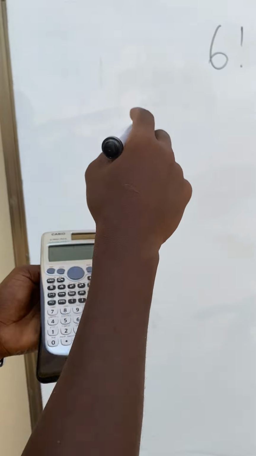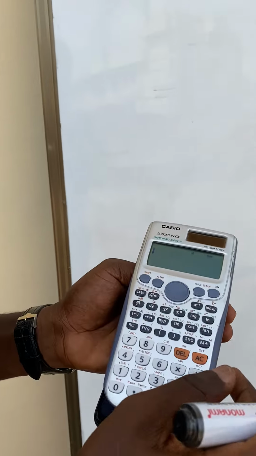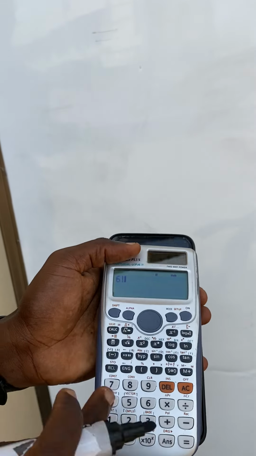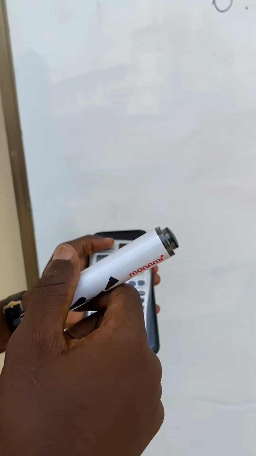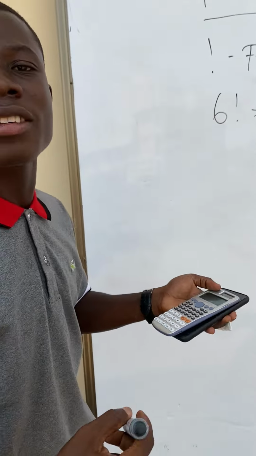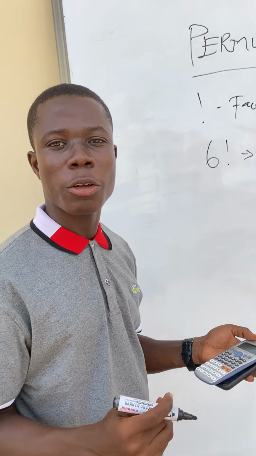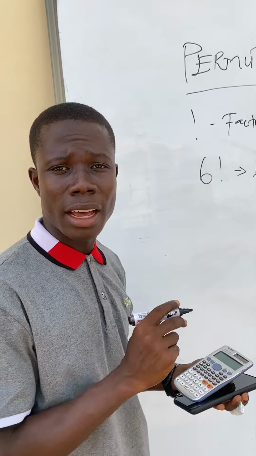So when I write 6 factorial and you want to enter it on the calculator, you first press your 6, then press shift, then the factorial key. 6 factorial means 720. So it means you have 720 ways of doing something in an order. That is factorial. So under permutations, as I said, there is an order.